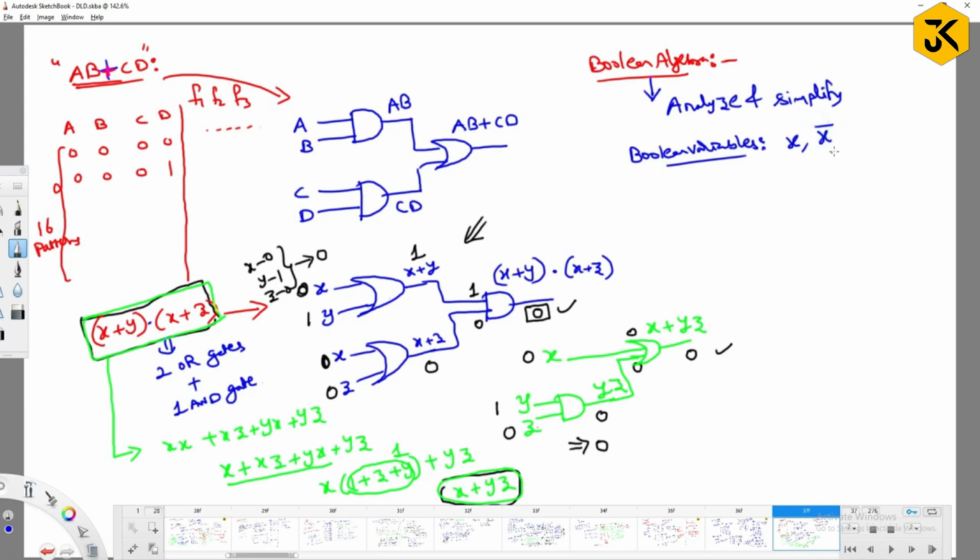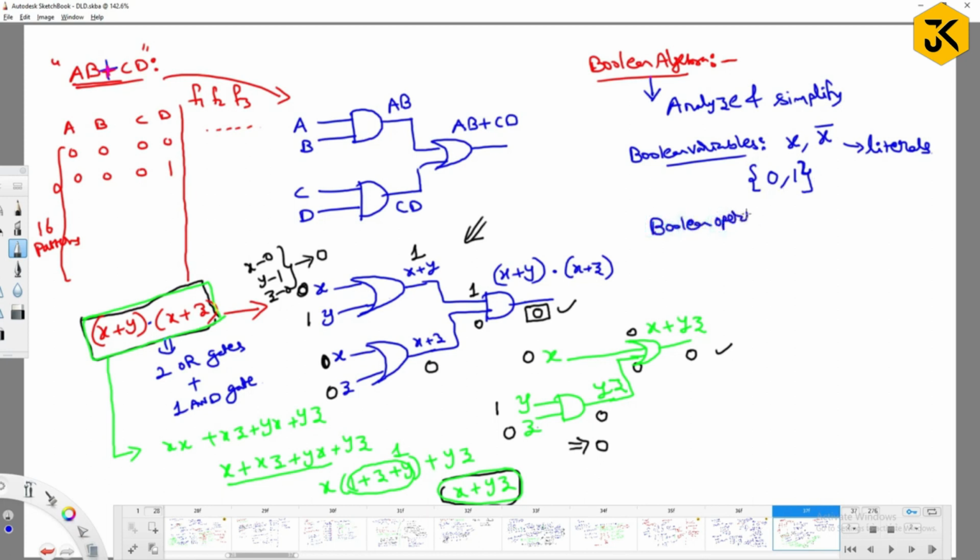Technically, we could call these literals also. And we can represent 0 and 1 as the Boolean constants. Here in Boolean algebra, the variables are 0 and 1, and we have various kinds of Boolean operators.